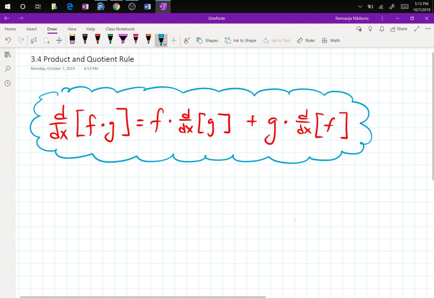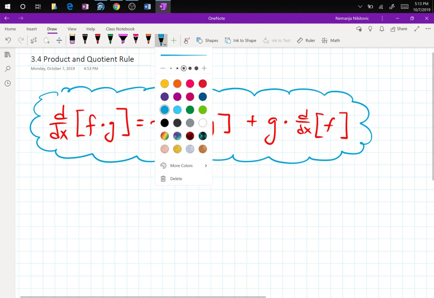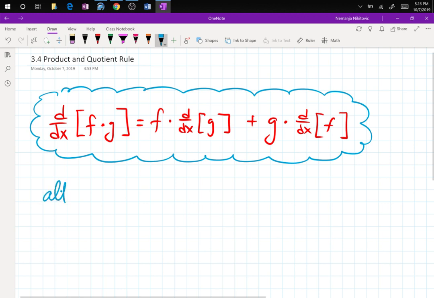There is a way to write this in a more compact form where people usually use u and v because it's faster to write. So the alternative form is going to be the derivative of u times v is uv prime plus vu prime.